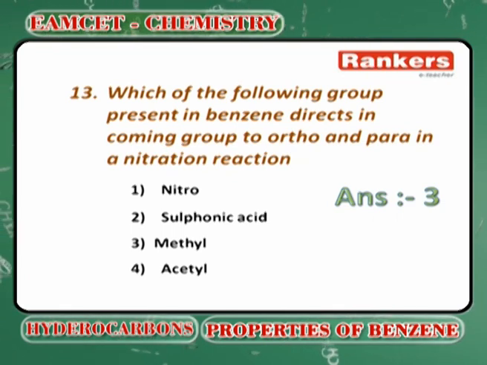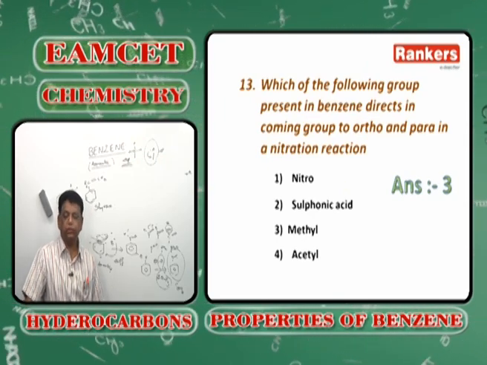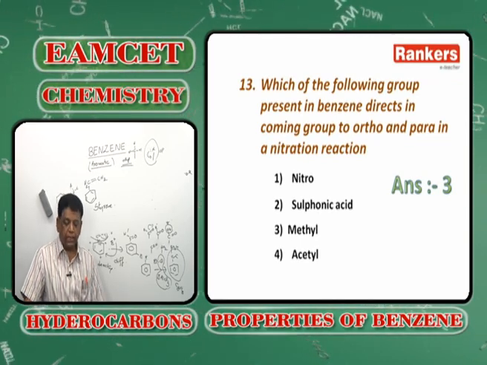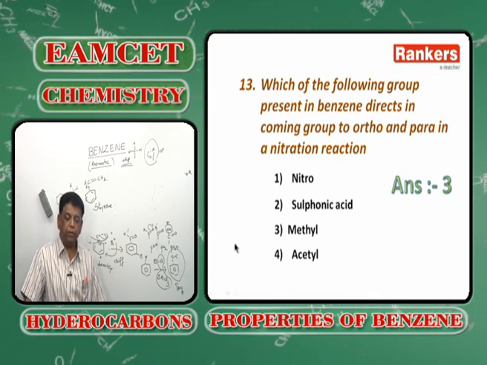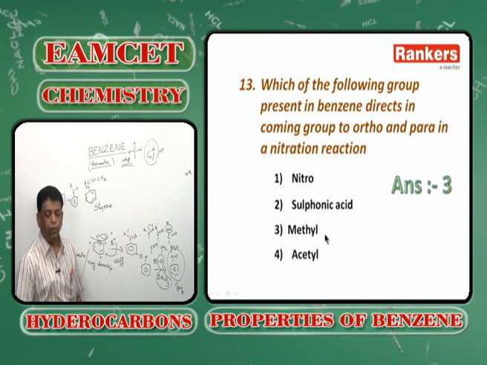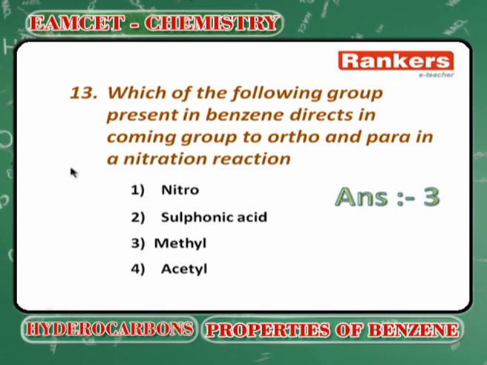So a specific reaction, nitration, is mentioned because nitration is an electrophilic substitution. Towards nitration, the nitro group is meta-directing, sulfonic is minus M meta-directing, methyl is plus hyperconjugation, therefore ortho-para directing. Acetyl is again a CO group, a minus M group. So the answer is 3. Next.